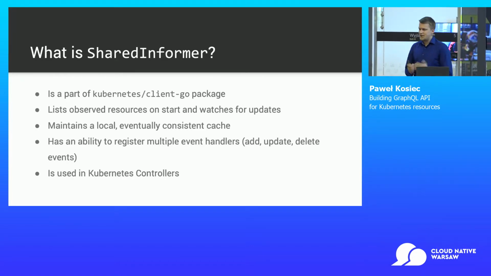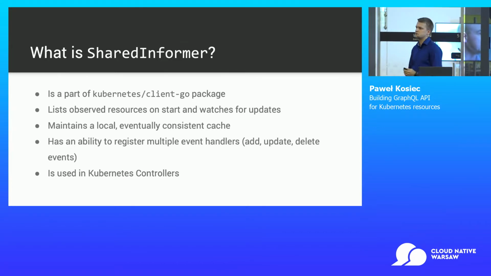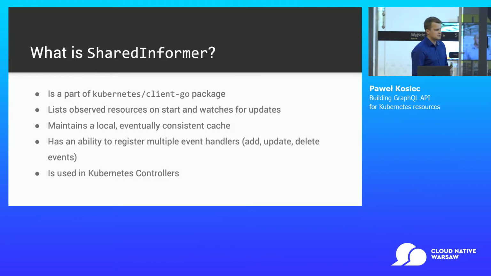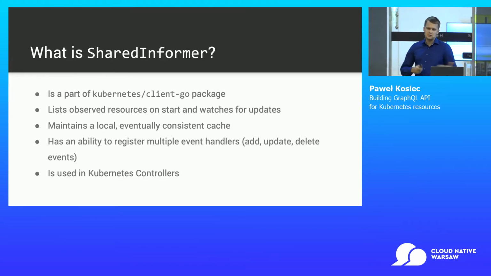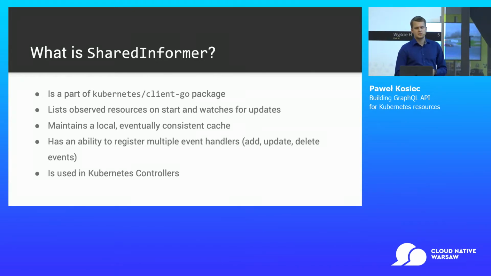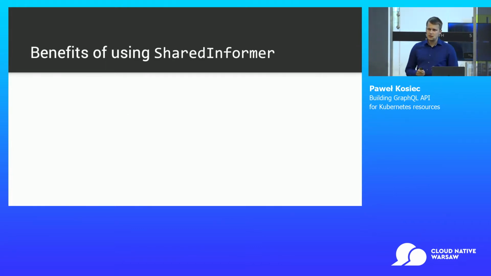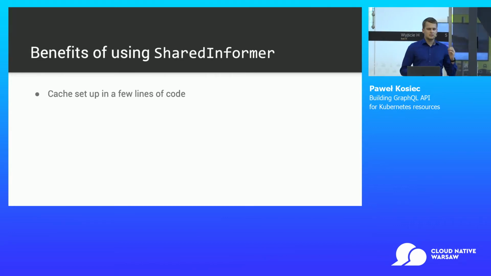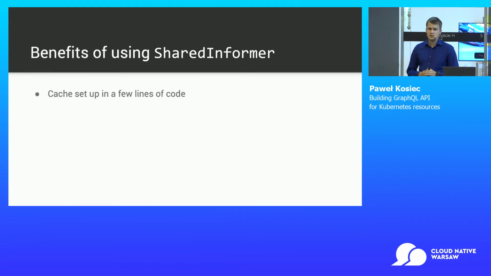And informers are widely used in Kubernetes controllers. So if you wrote one, for example, in kubebuilder or while using other solution, you probably used the shared informer. So the benefits of the shared informer are really huge because there are as few Kubernetes API calls as possible.